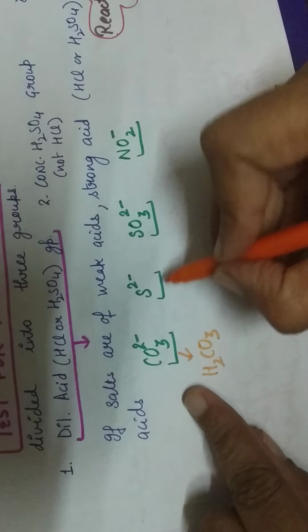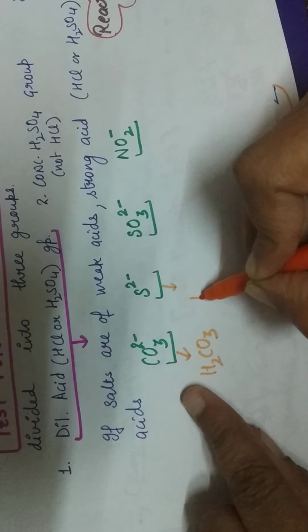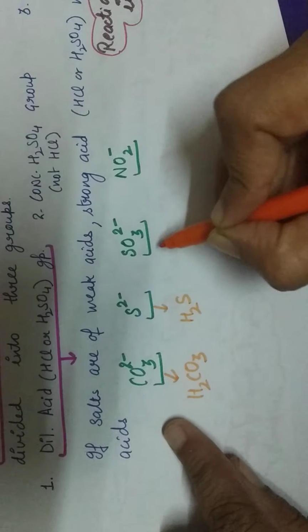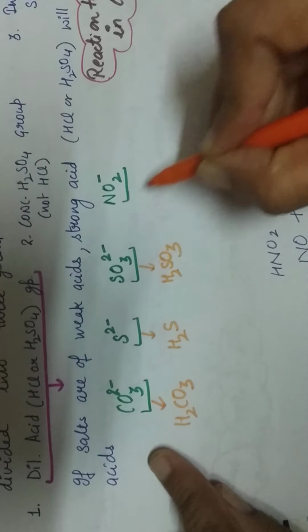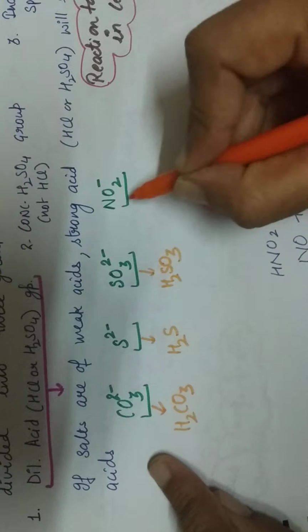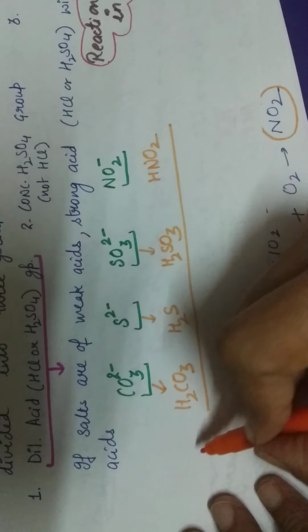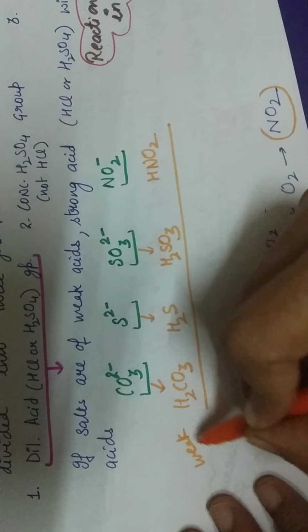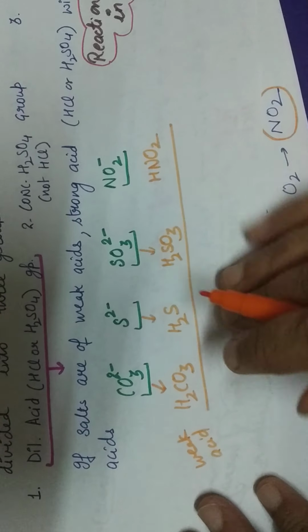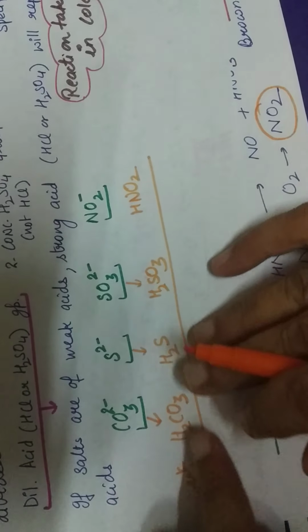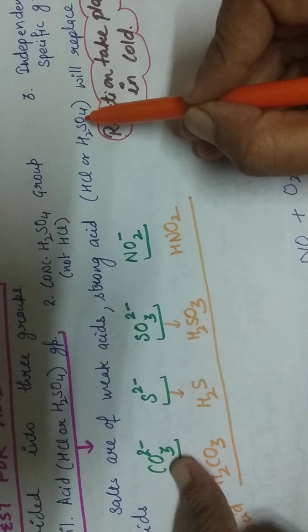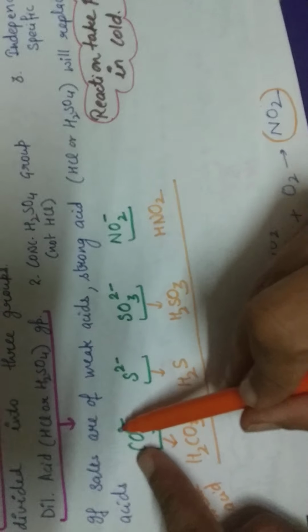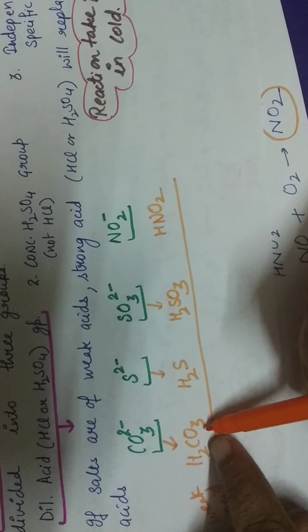H2CO3. Similarly S2 negative, the acid it can form is H2S. SO3 2 negative can form H2SO3, and for NO2 negative, the acid formed is HNO2. Now all these are weak acids, right? So that is why when a salt containing these ions reacts with the acid HCl or H2SO4, it can easily displace these ions.